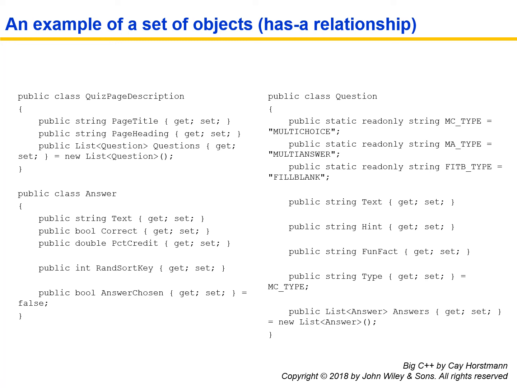The class question can be of type multiple choice, multiple answer, or fill in the blank. And it has a list of answers that go with the multiple choice and multiple answer types, or even fill in the blank. You can imagine multiple correct answers for a fill in the blank question.